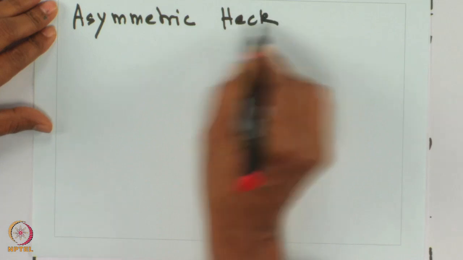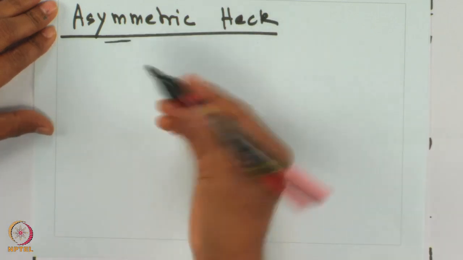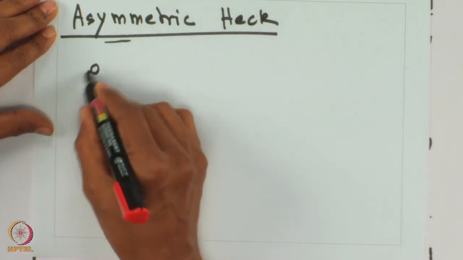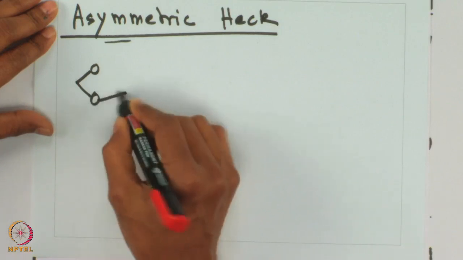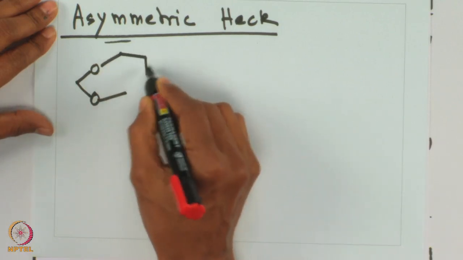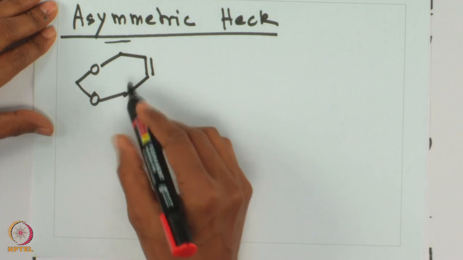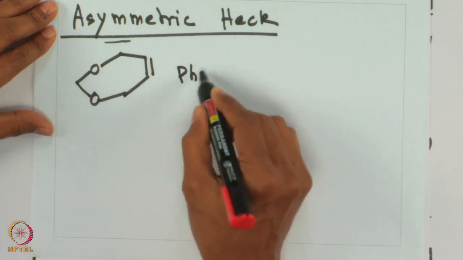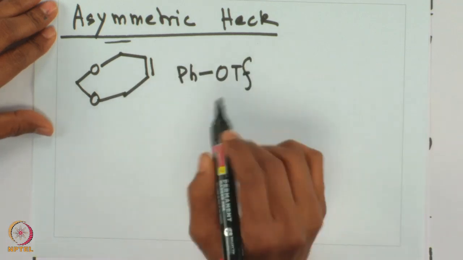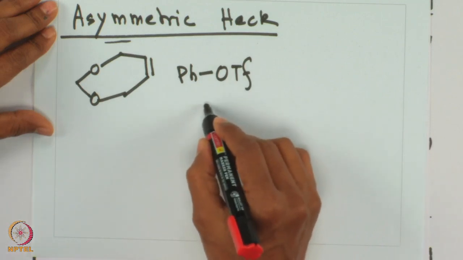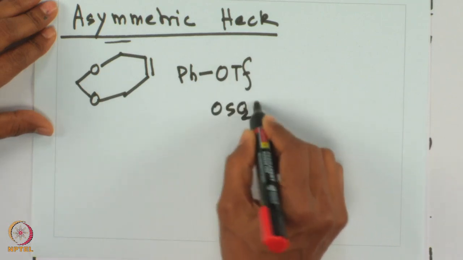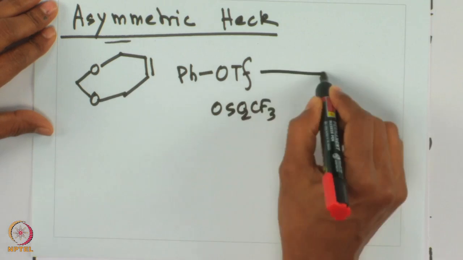One example we would like to discuss is with the Falsch ligand, where let us say the substituent is such that it is a cyclic one, and we have PhOTf as the coupling partner. Okay. OTf is nothing but OSO2CF3.